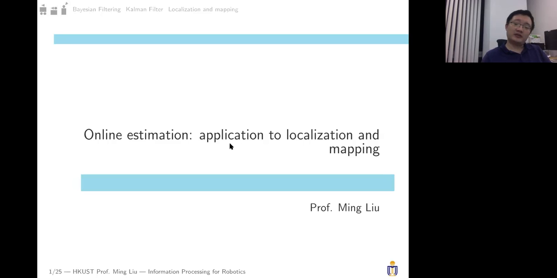Right? Online estimation. We have many applications. A typical application will be a SLAM problem, right? Localization and mapping. We encountered SLAM in the second week, or partially the first week as well. But in today's lecture, we want to look deep into how we can really apply those beliefs into some formats that we can really do the computation.